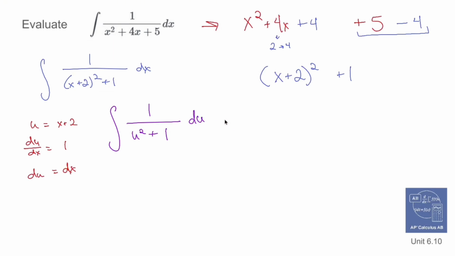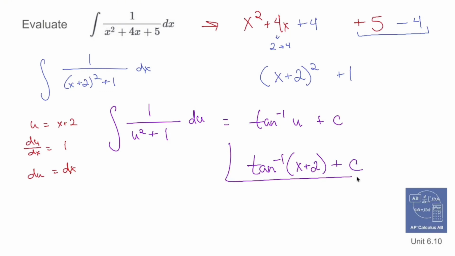That becomes the inverse tangent of u, plus that arbitrary c, of course. And once I plug the fact that u is x plus 2 back in, I have the inverse tangent of x plus 2 plus c. And that's going to be my answer. Okay, tricky stuff, very tricky stuff.